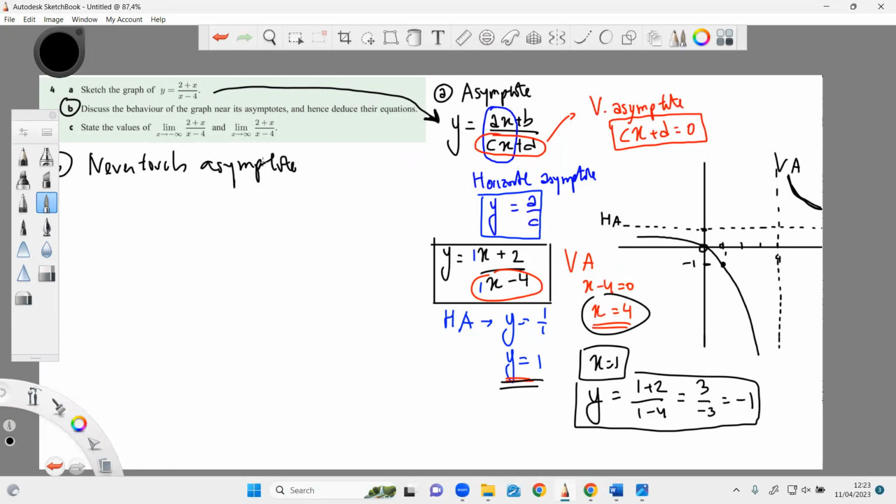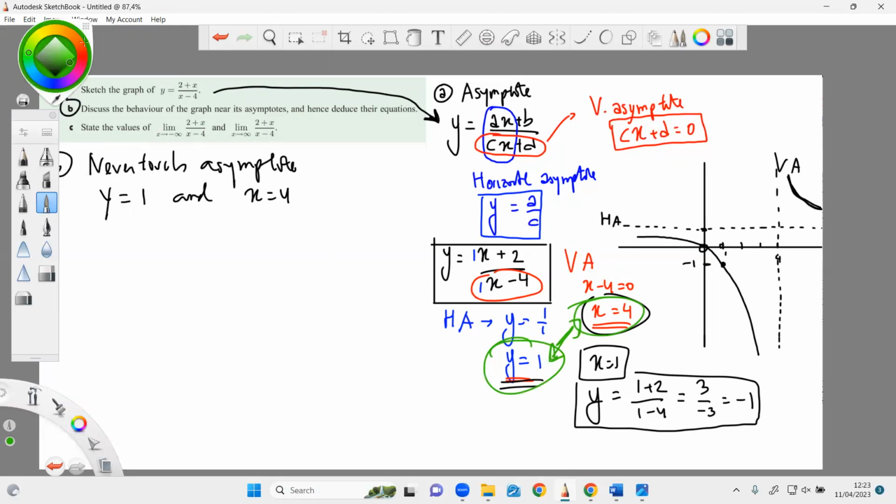Okay, that's it. And the equation is already given. Y equals 1 and x equals 4. Where do I get that? I get it from here.